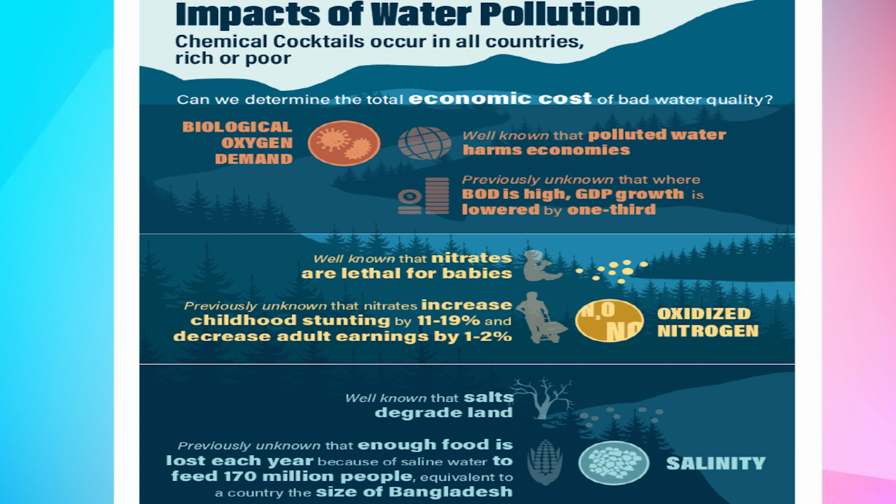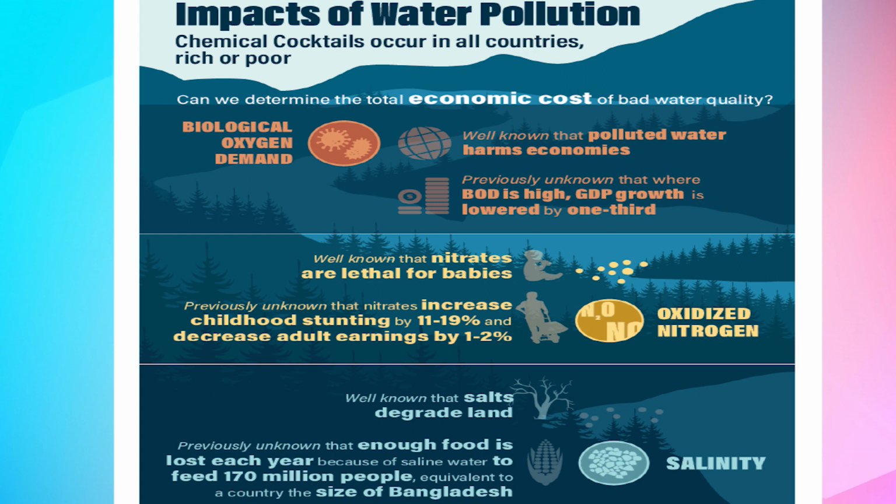Biological oxygen demand: it is well known that polluted water harms the economies, and previously it was unknown that where BOD is high, GDP growth is lowered by a third. This is the biggest thing that comes out of the impact of water pollution through the biological oxygen demand.